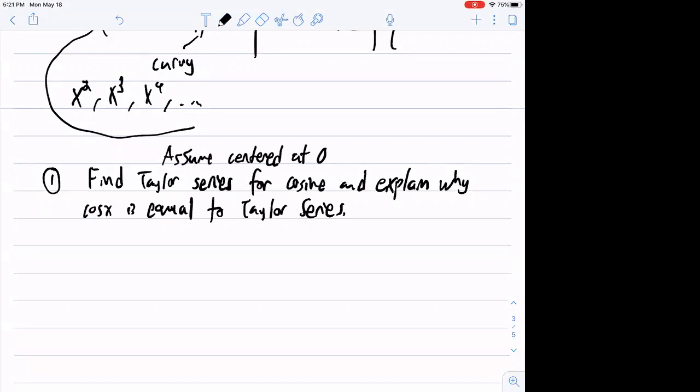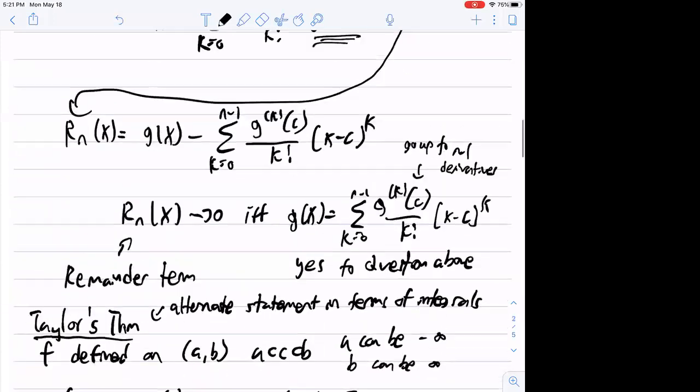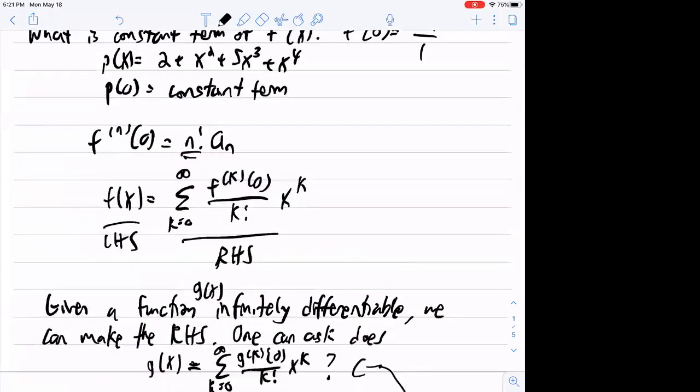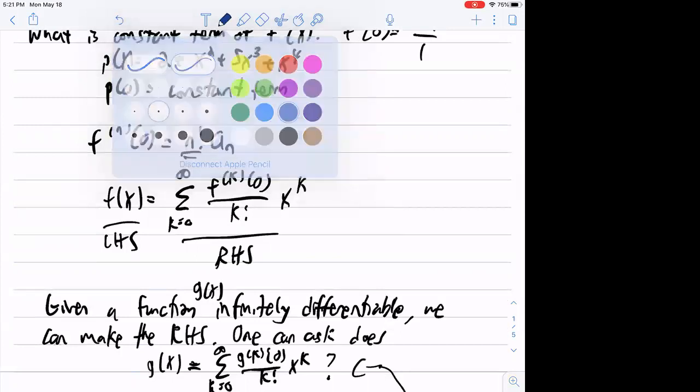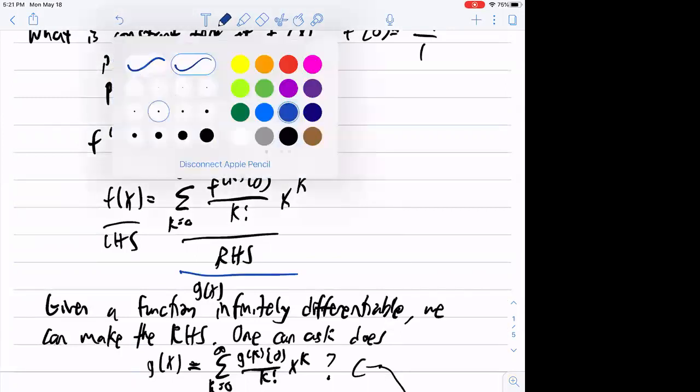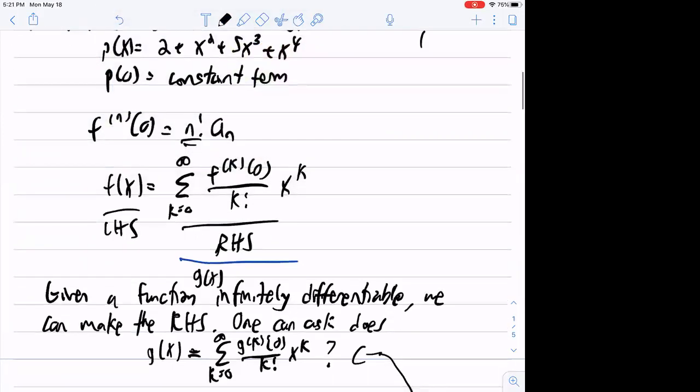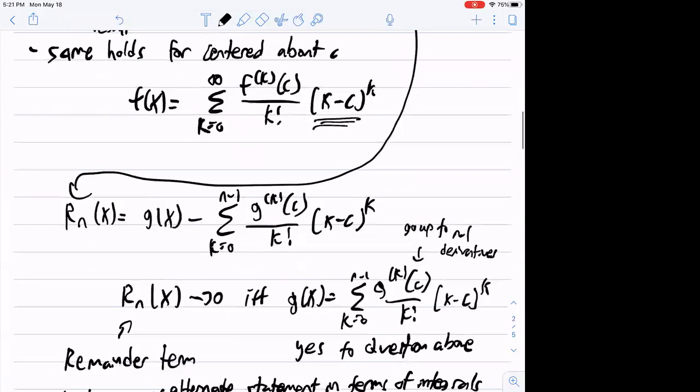So how do we find the Taylor series? Well, the Taylor series is given by this, right? The right-hand side is given by this thing. How do we find it? Well, we just calculate.